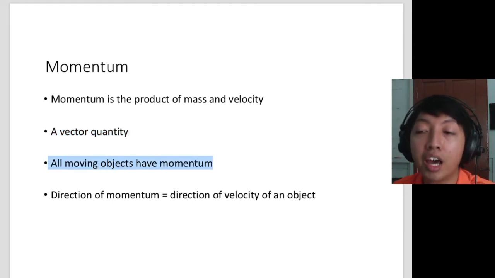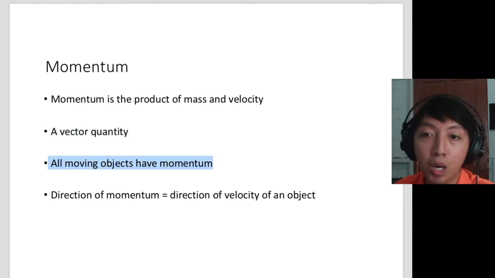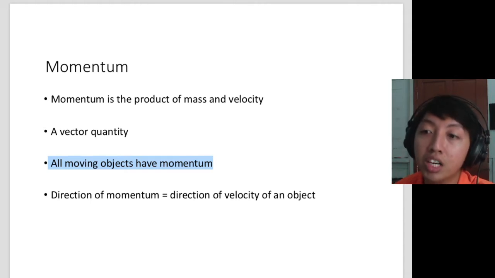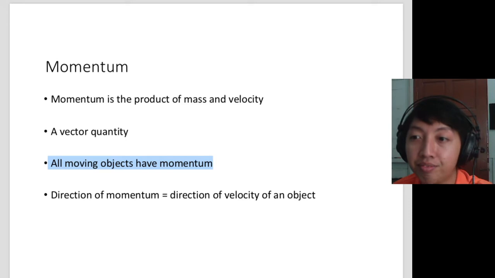All moving objects have momentum. So any object that is moving has momentum, whether it's a small piece of paper that you threw in the rubbish bin, or a huge lorry that's moving at about 60 kilometers per hour. As long as this is moving, it has momentum.